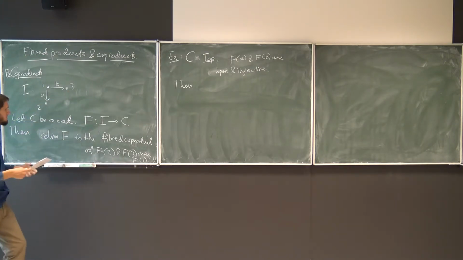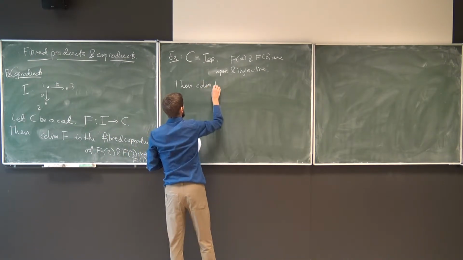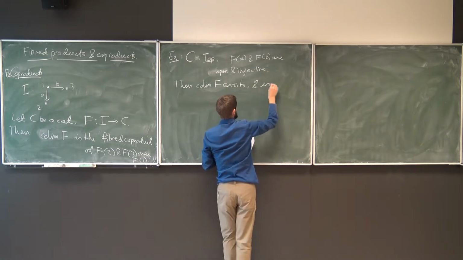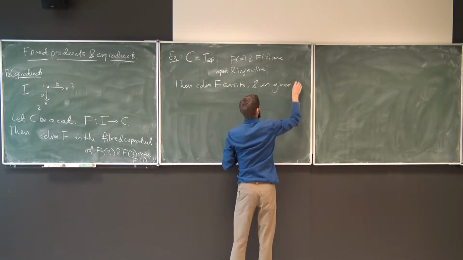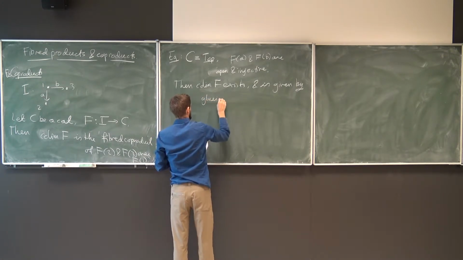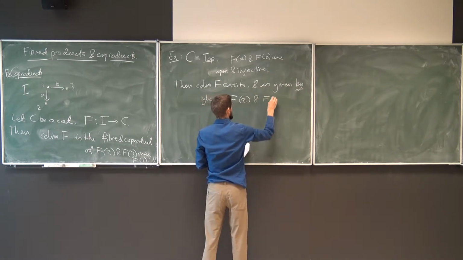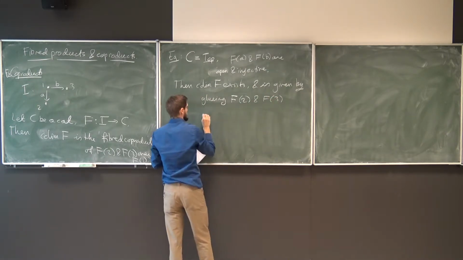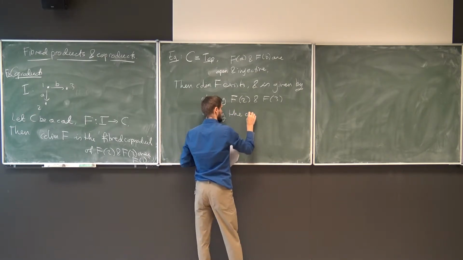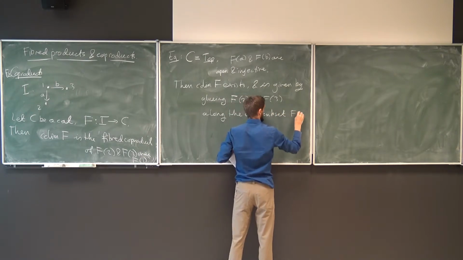In this case, the colimit does exist, and it's given by gluing F of 2 and F of 3 along the open subset F of 1.